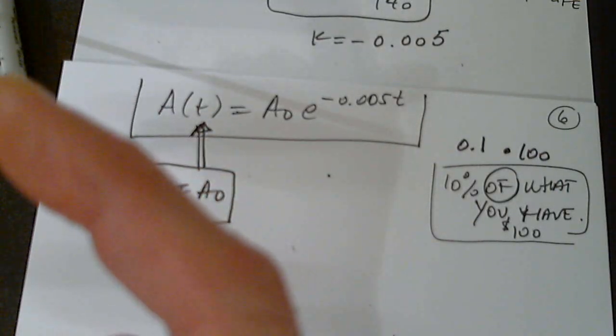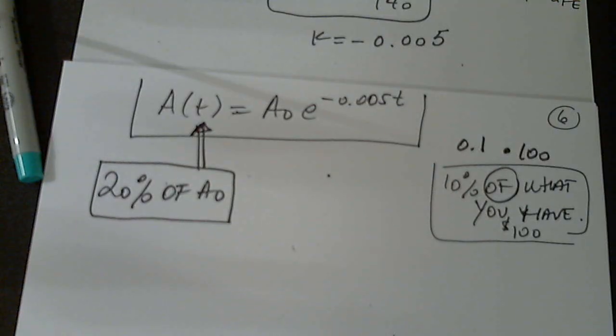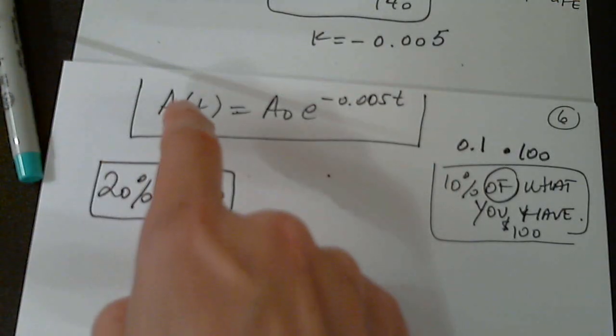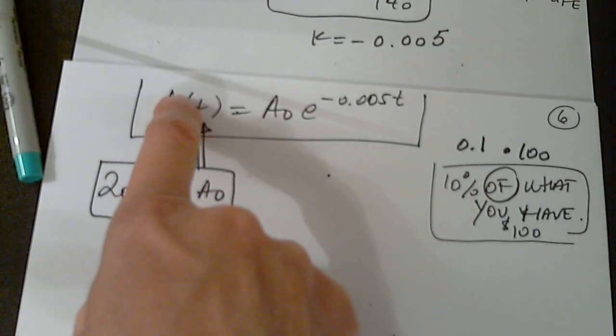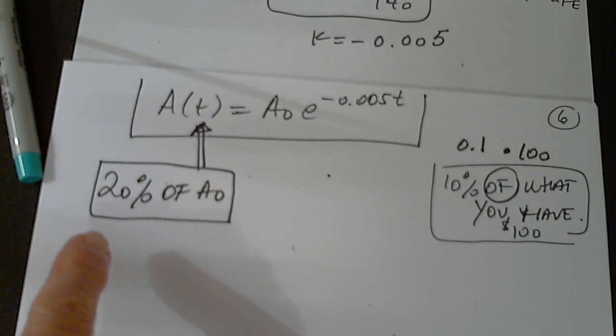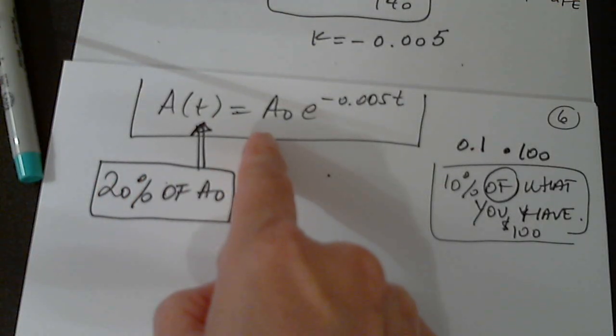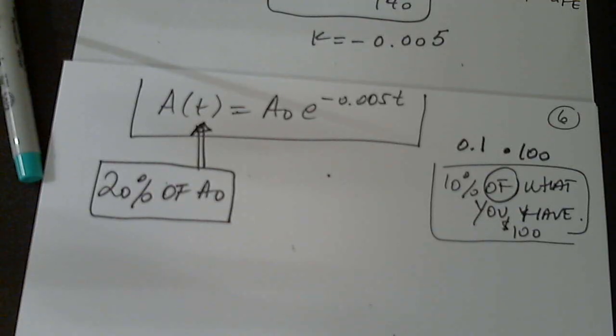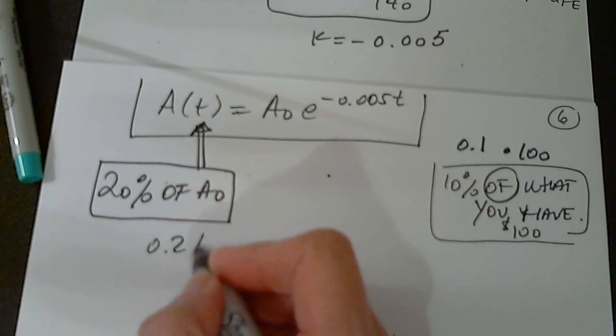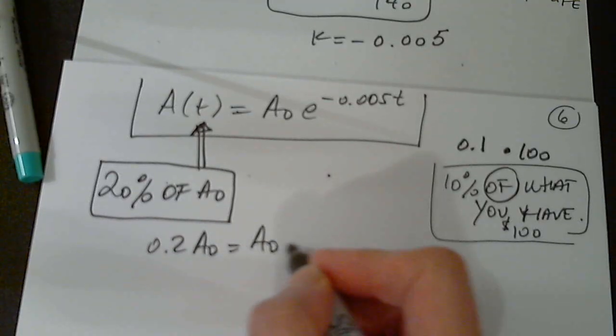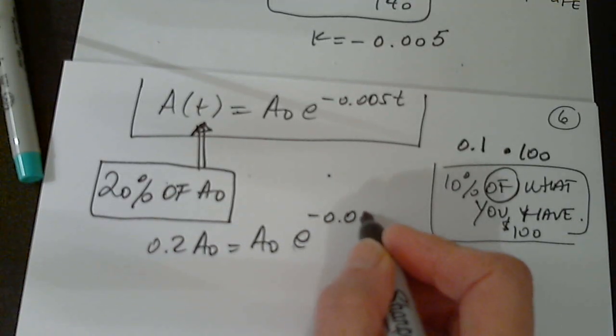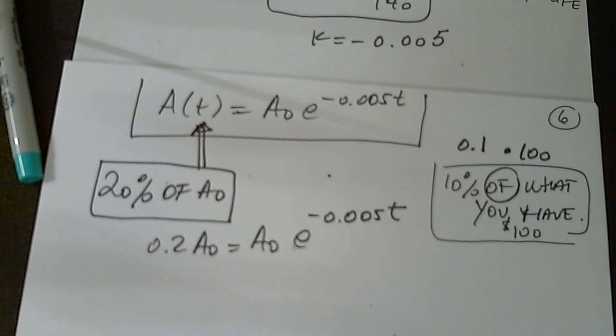So how long would it take for the amount we have on the table to be 20% of A0? This means exactly what Christy said: 0.2 A0 equals A0 e to negative 0.005t.